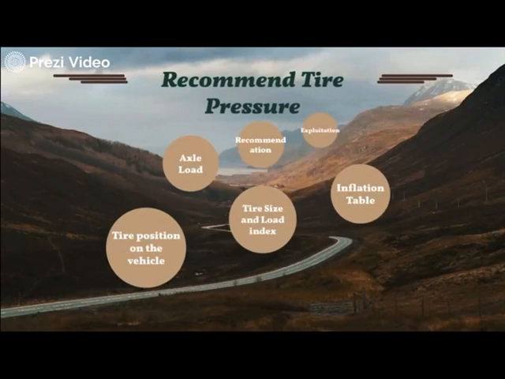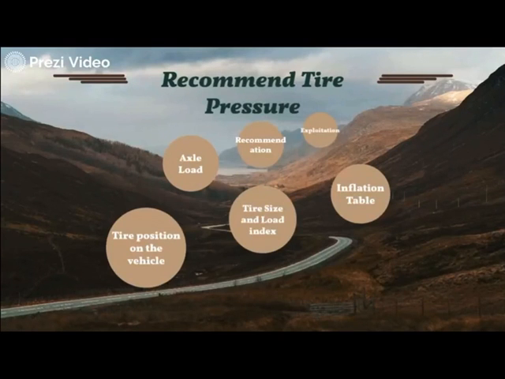Now we know double or single mounted tires. We know tire size and load index. We have the inflation table recommendation from Goodyear. And we know the nominal load on a vehicle given by the vehicle producer, and we measured the axle load in the field, and we know special requirements.